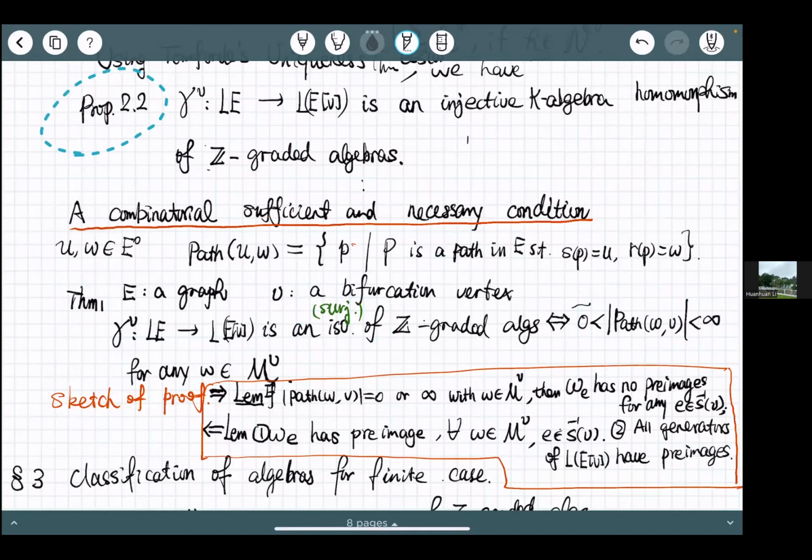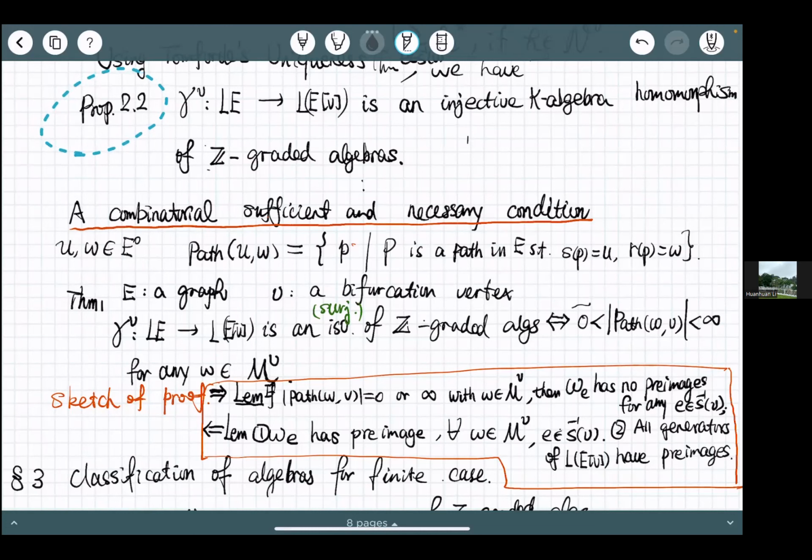If you have a loop at V, or not just a loop but a closed path at V, then this condition is not satisfied, because then you have infinitely many paths, right? So V belongs to M_V, doesn't it? Yes.